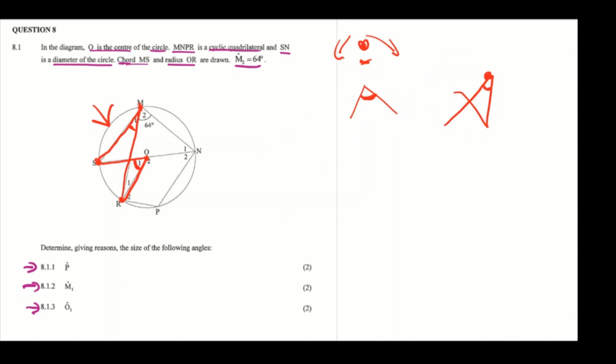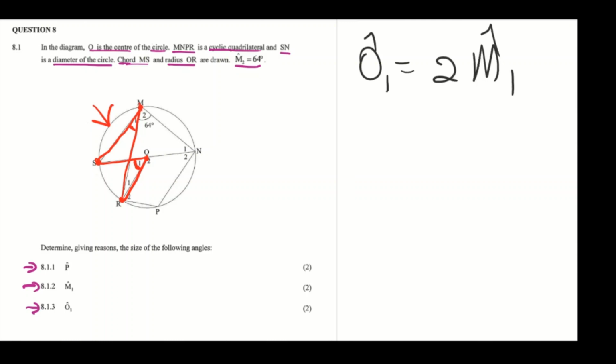So now we know this is theorem 3. Because we want O1, angle O1 is equal to twice angle M1. This angle here is twice this angle here. Then you write your reason: angle at center is equal to twice angle at circumference.